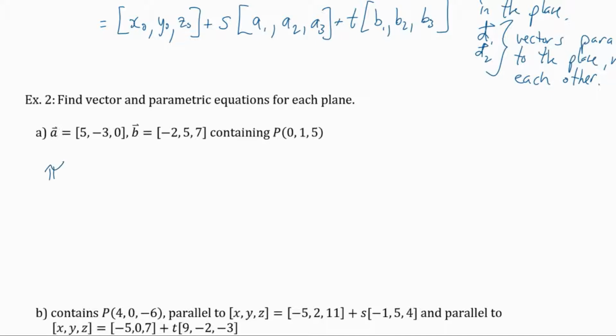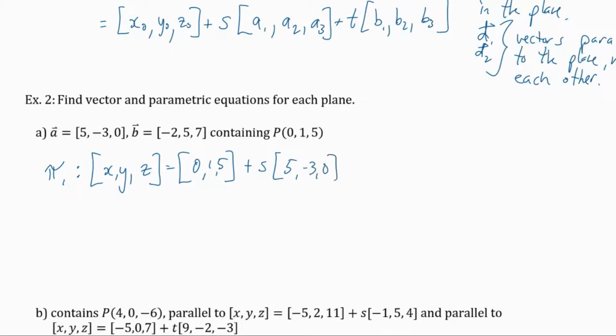That means I can define the plane in its vector form as the position vector, which is the vector to that point, plus the two linearly independent direction vectors.